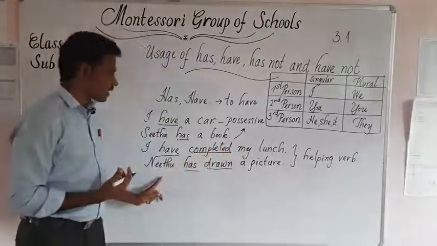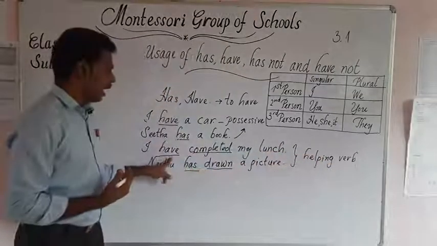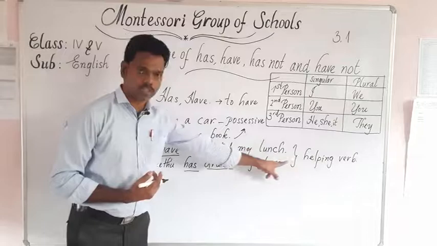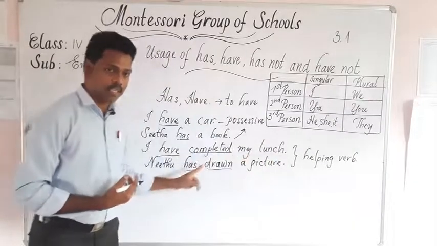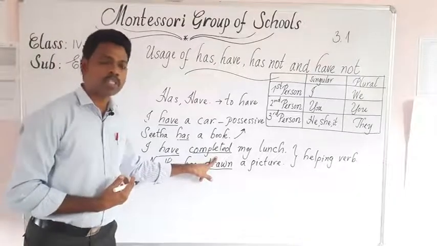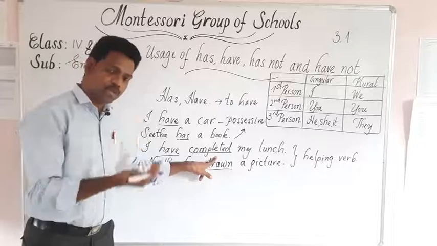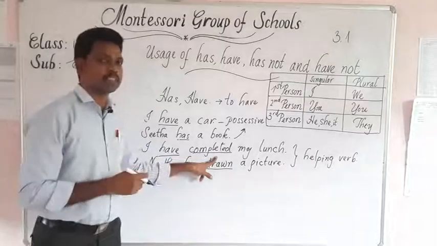The second case is helping verb. Example, I have completed my lunch. In this sentence, the verb is completed. The base form is complete, like V1, then V2 completed and V3 completed.